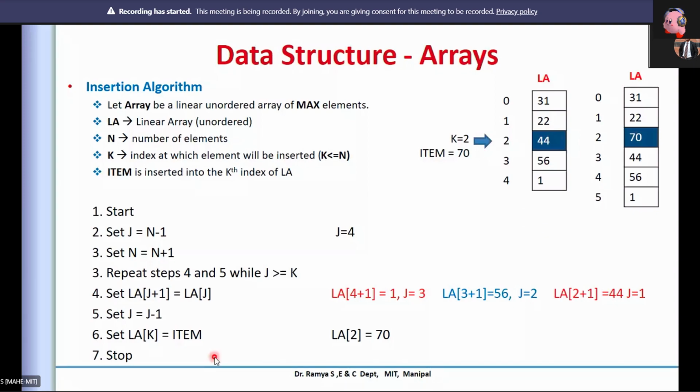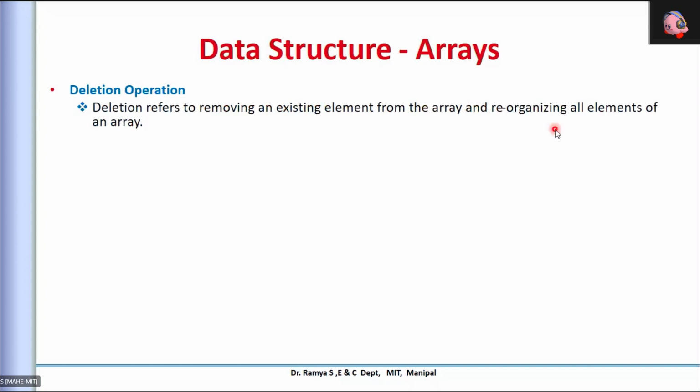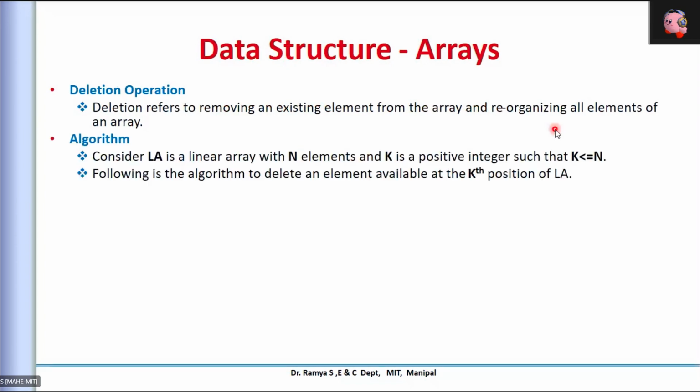Whenever the loop is incremented, this set of values is going to repeat, and again it is going to end. When it comes out of the loop where j is greater than this, the element is inserted at this particular index.